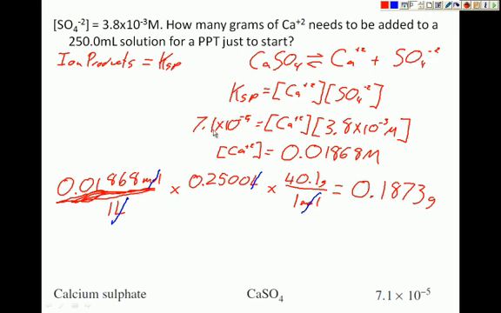Now, what we see here is if we were to do this all on one line equation, we would see that the smallest number of significant figures right here is 2 sig figs, and our answer needs to be reported in 2 sig figs. So our final answer should be something like 0.19 grams of calcium.